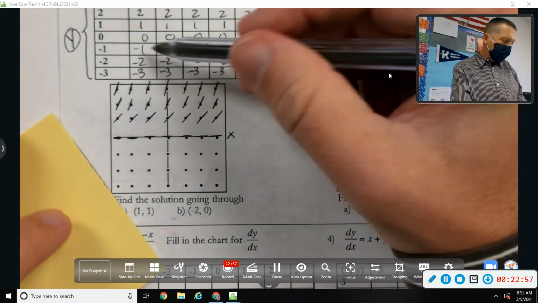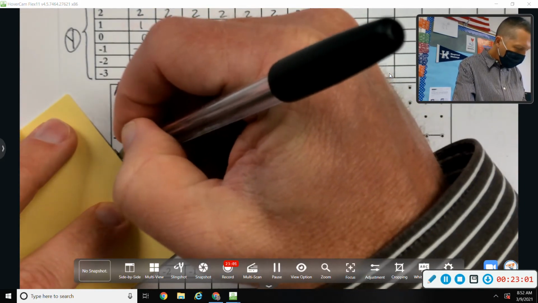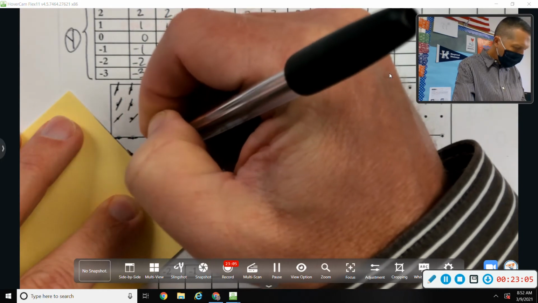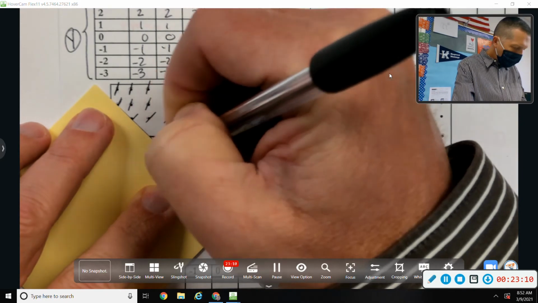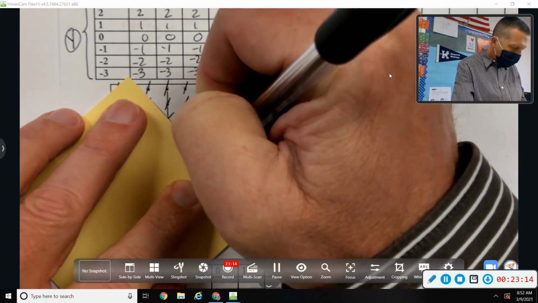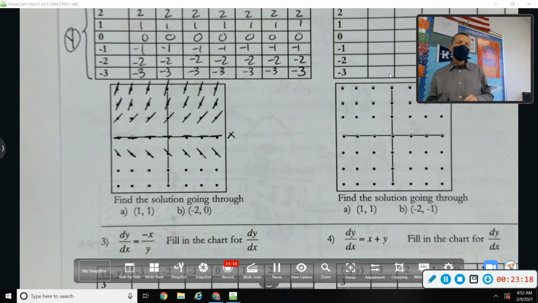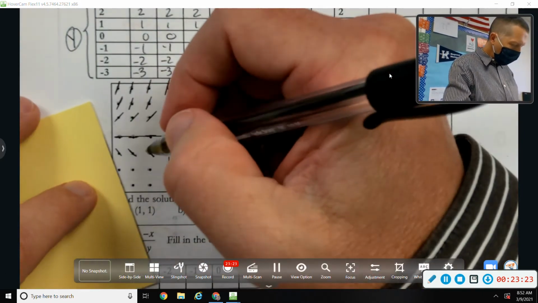When y goes to negative 1, all our slopes are negative 1. So again, little slope pieces that have a slope of negative 1. Next line down, they'll have a slope of negative 2.